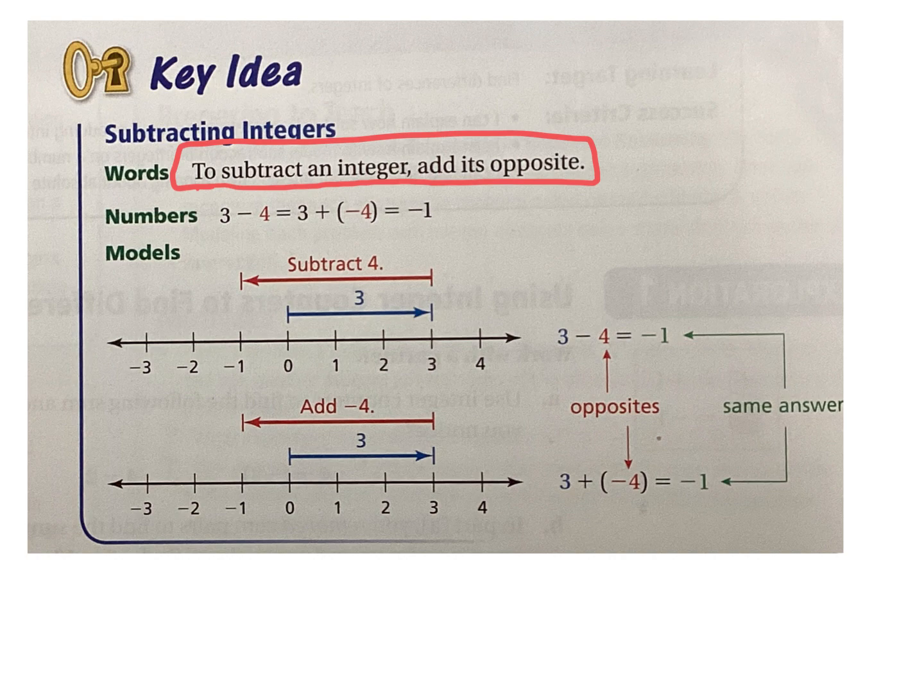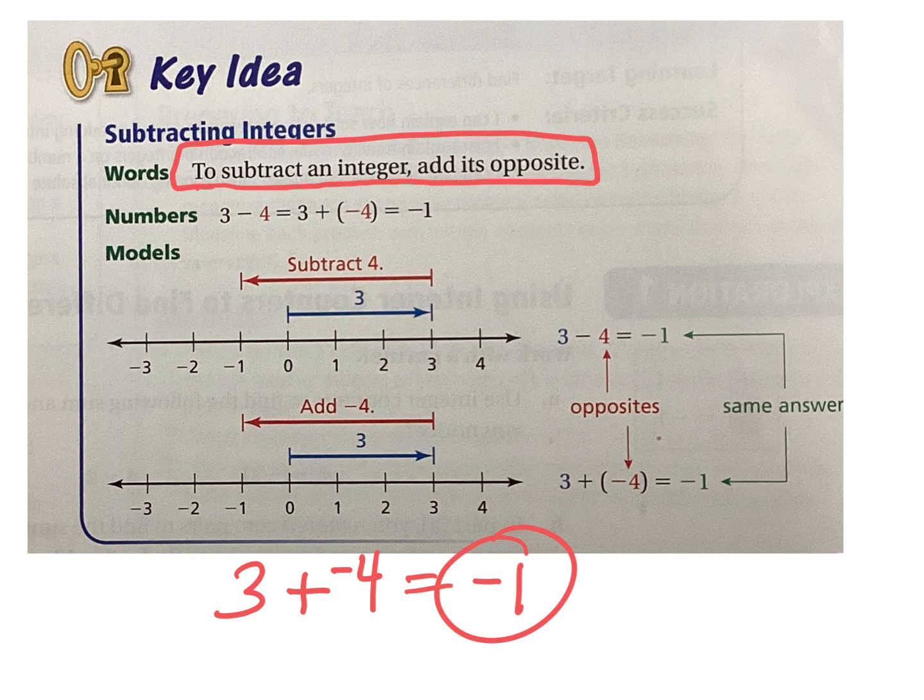So, in this example, it is 3 minus 4. And what I do here is I add its opposite. So now I have 3 plus negative 4. And I know that if I have a positive 3 and a negative 4, when I put those two together, I'm going to end up with a negative 1.